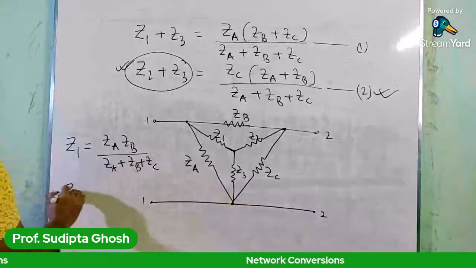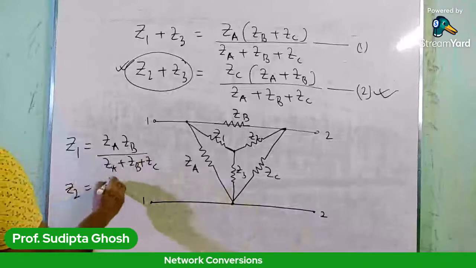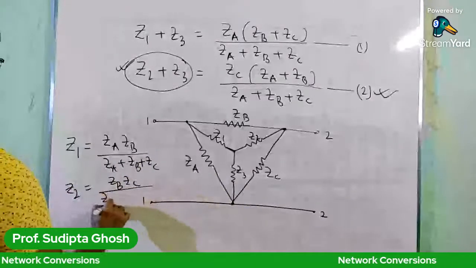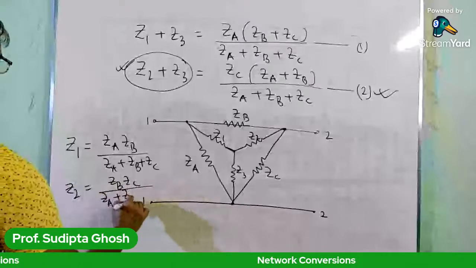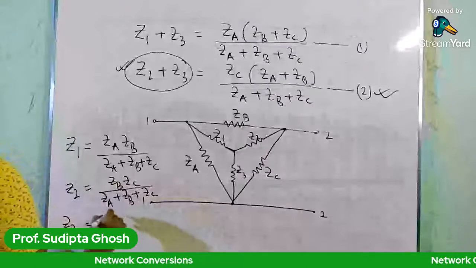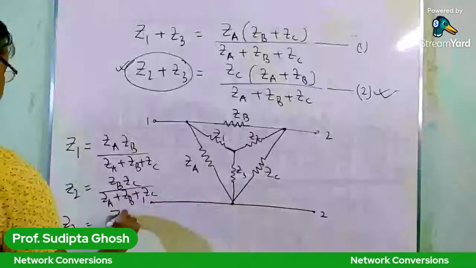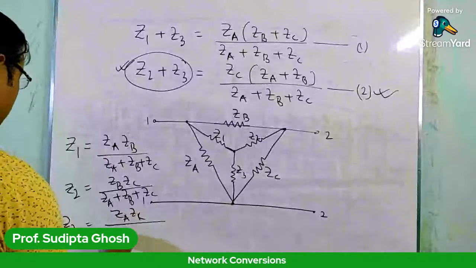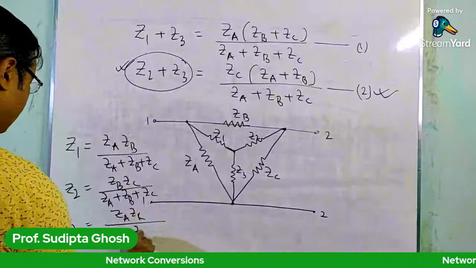Or the value of Z2, that is ZB ZC divided by ZA plus ZB plus ZC. So let's consider the three different values of Z1, Z2, Z3 first, and how to get these values from this particular figure.